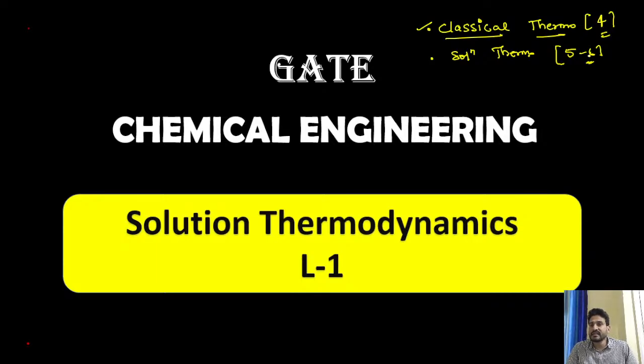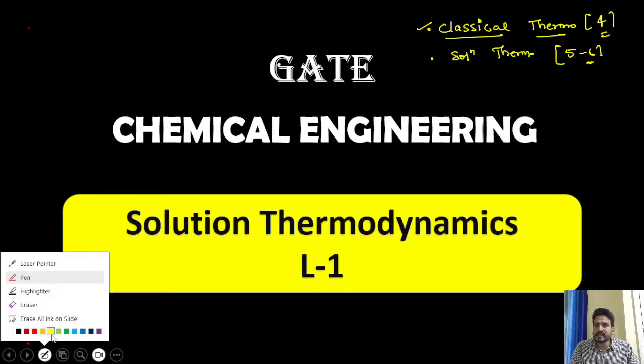Whatever you studied in classical thermodynamics, solution thermodynamics will have a different kind of taste, and the explanation will be different. Solution thermodynamics is a kind of chemistry-based thermodynamics. So let's see what solution thermodynamics is. This is an overview. I hope that you have done classical thermodynamics.